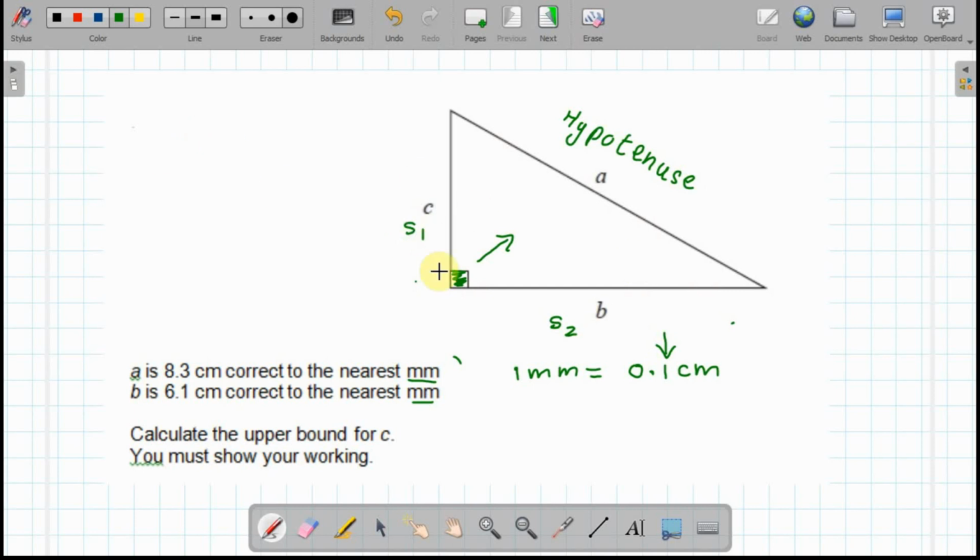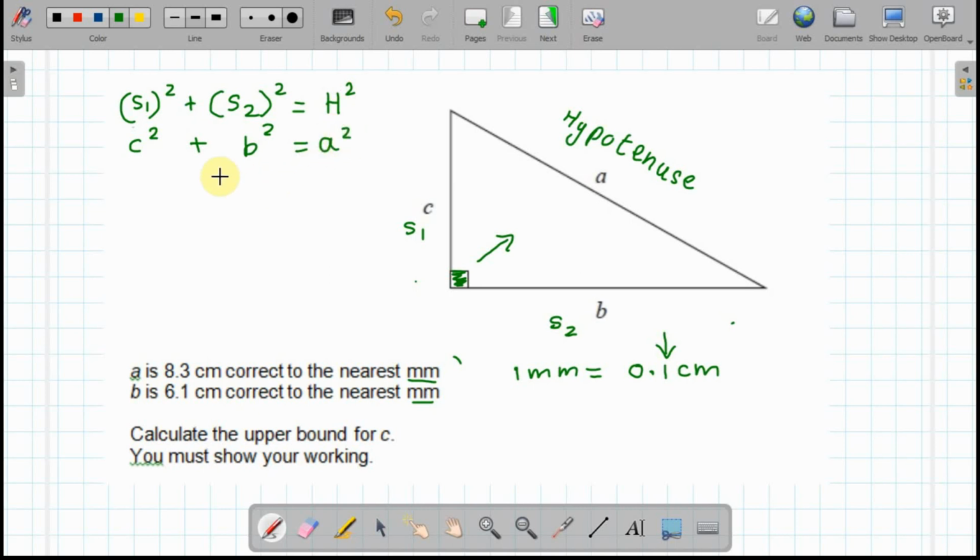So I always call the two sides that make the right angle side 1 and side 2, and then I start off my formula like so: s1 squared plus s2 squared is equal to hypotenuse squared. Now I'm going to substitute the letters in. Side 1 was c, so c squared, side 2 was b squared, and the hypotenuse is a squared.